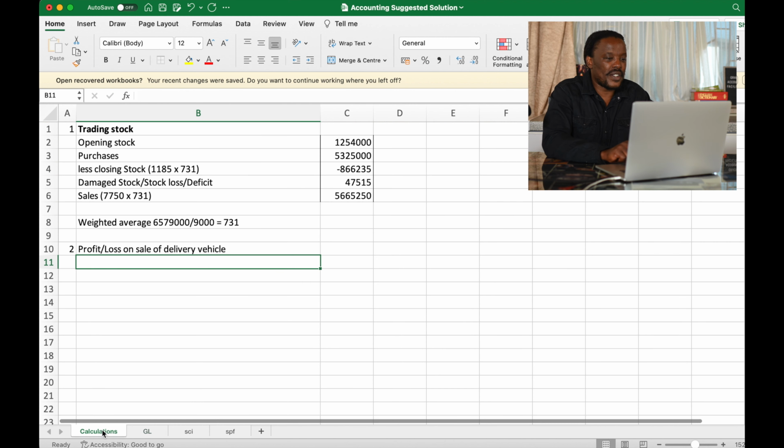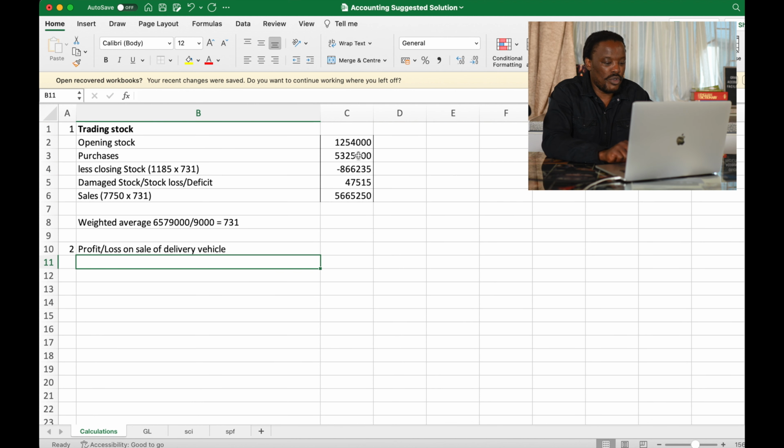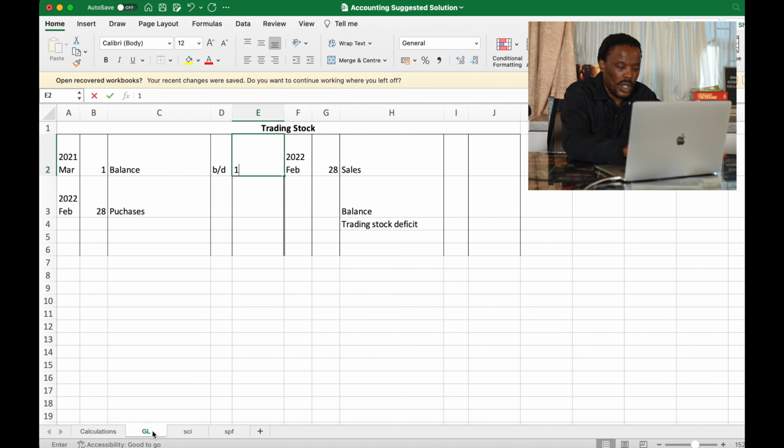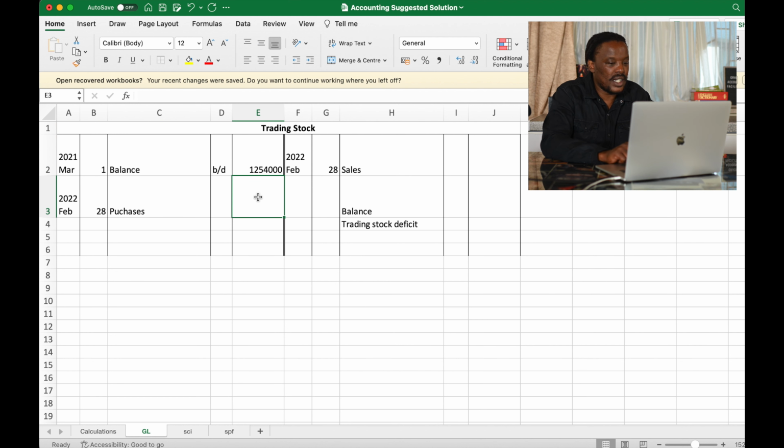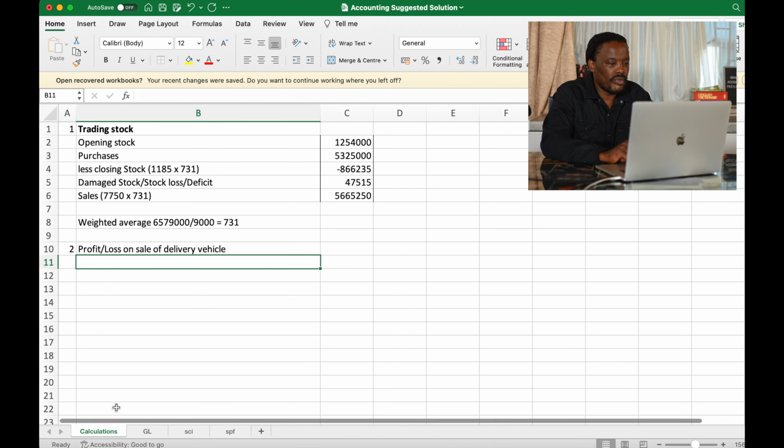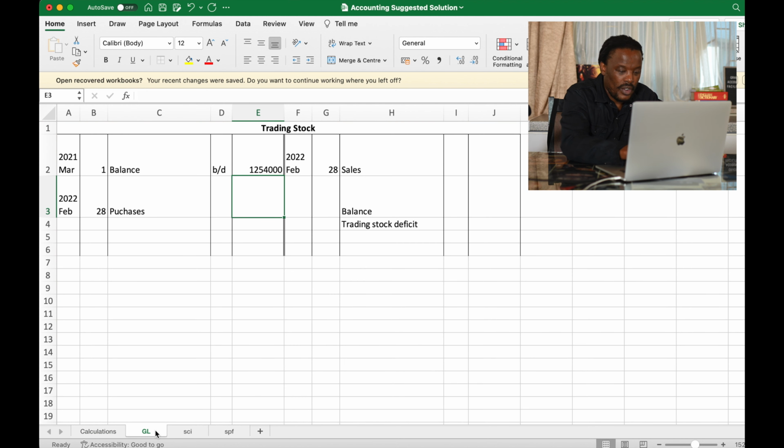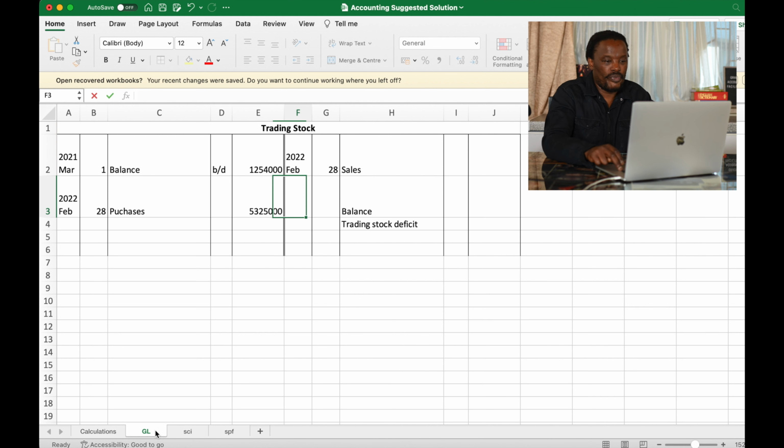Let's now transfer those amounts that we had. 1254 million. You had those purchases, 5325 million. And then you had those sales.